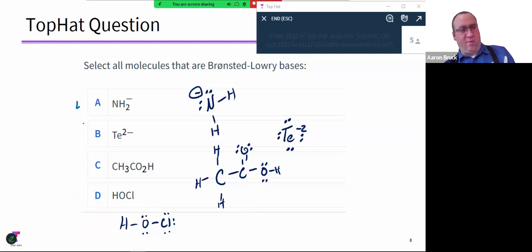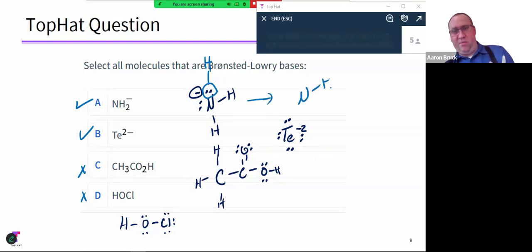My answers for this problem were A and B, because we can see if I add a hydrogen here, I'm going to get to ammonia. And we know that the ammonia molecule is stable.